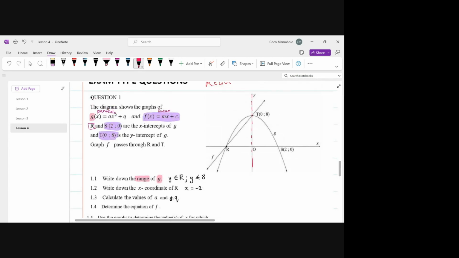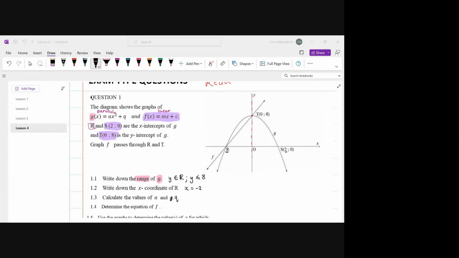What that means is that this half of my parabola is exactly the same as this half of my parabola. Just everything is inverted. All my x values are the opposite to that. So if I look at the fact that my s value on this side is +2, that means the x value for my r needs to be -2.